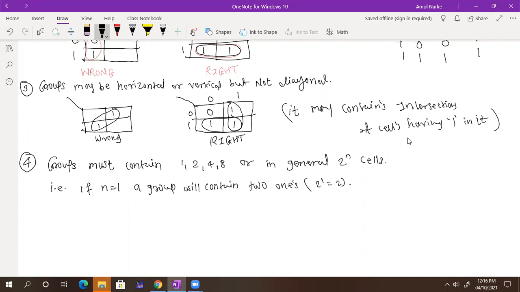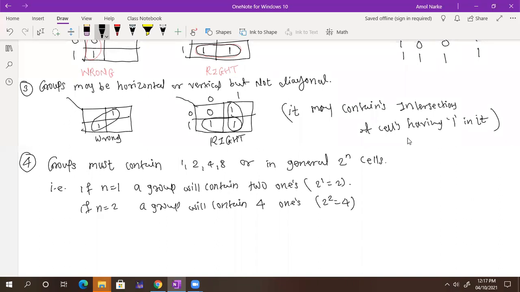If n is equal to 2, what happens? A group will contain 4 ones. Why? Because 2 raised to 2 is equal to 4.